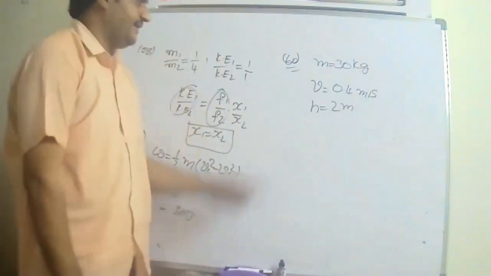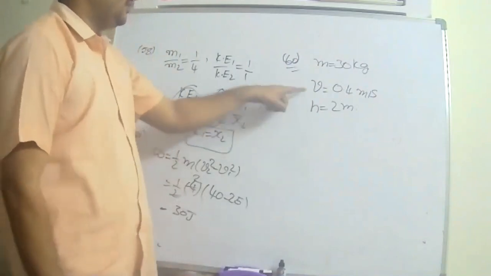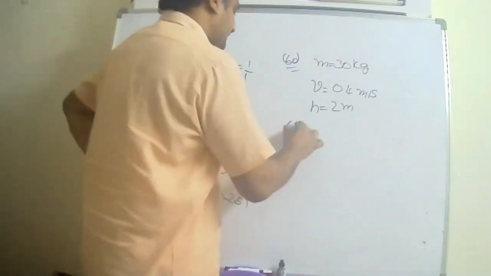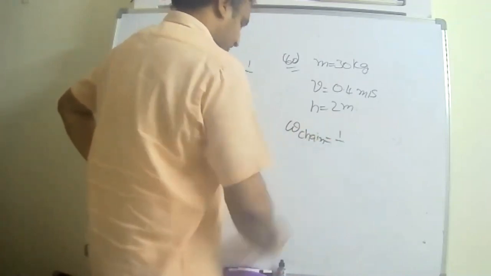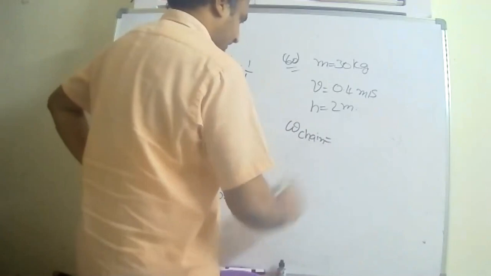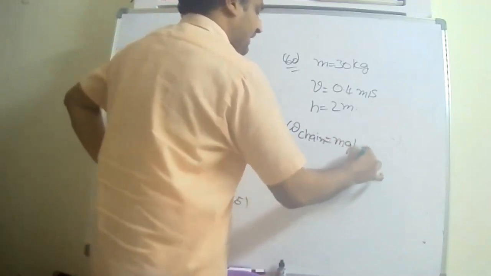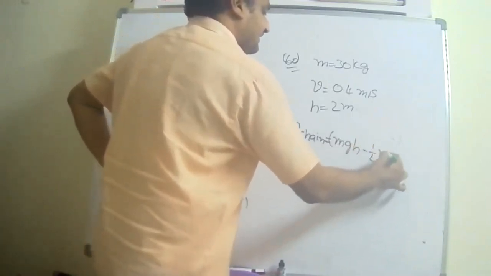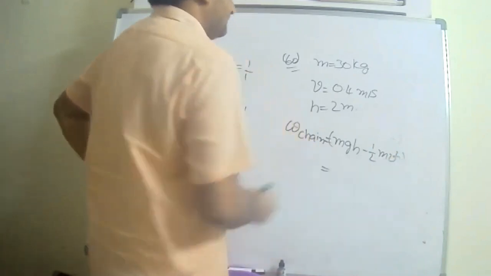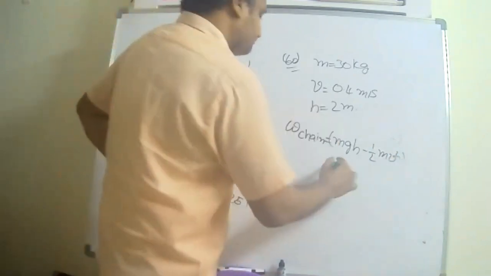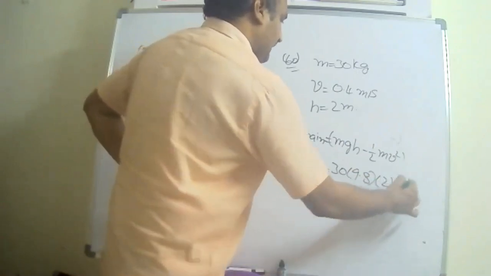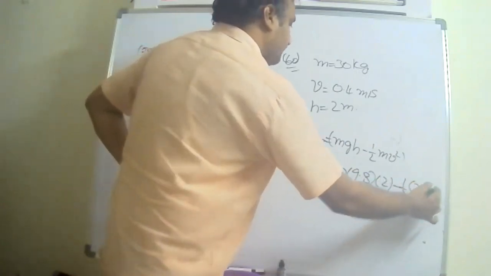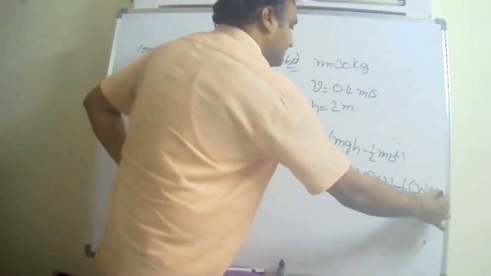Normally in free fall these two should be the same. So work done by chain is equal to loss in potential energy mgh minus gain in kinetic energy. So mgh is 30 into 9.8 into 2 minus 1 by 2, 30 into v square 0.16.